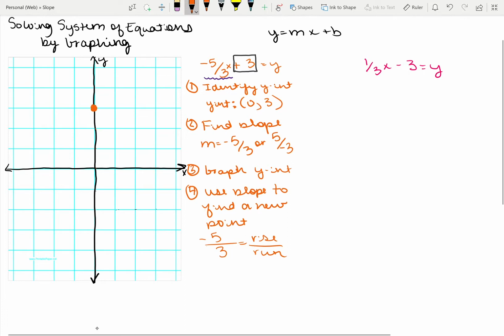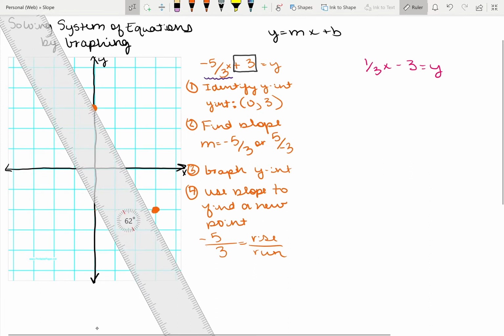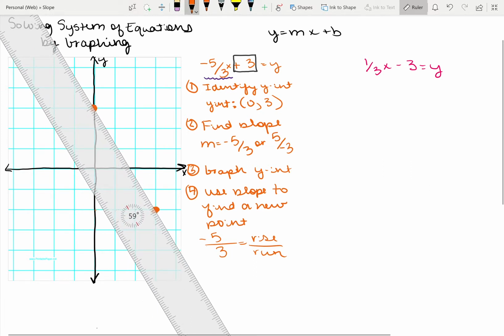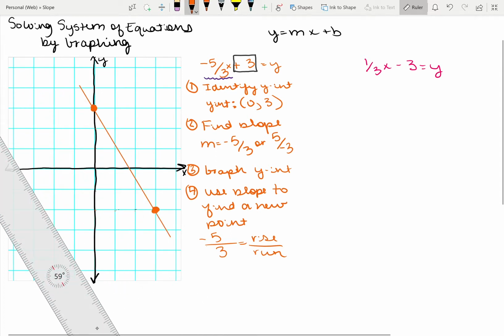Then I run, since it's positive, to the right, 1, 2, 3 places, and I plot a point. So now I have another point. Now I need to connect my 2 points to create my line. Let's see if I can do this so it's straight. Oh, there we go. So I have a line here.